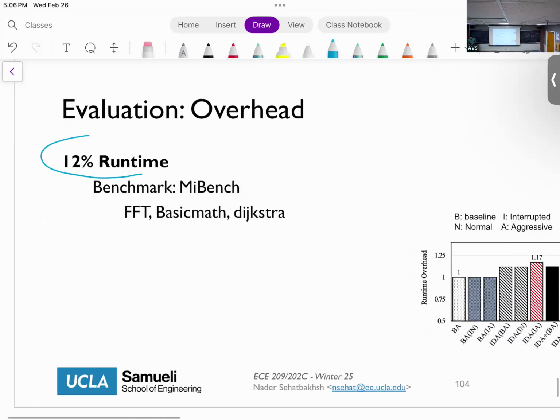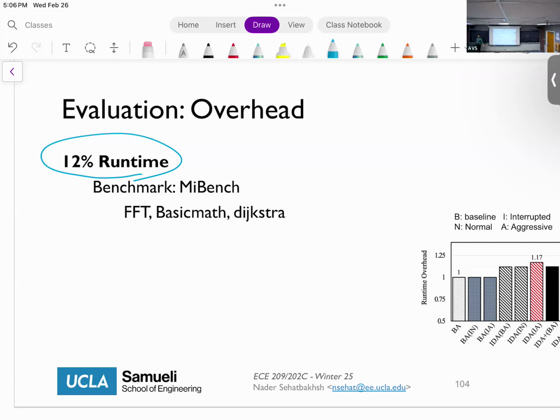With all these, you're going to get about 20% runtime overhead. Someone asked whether the system would have time to do other things. Yes, 88% of the time it does other things and only 12% of the time it does attestation. Of course, this is also a function of how frequently you want to run your attestation.